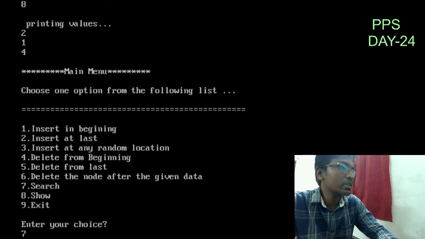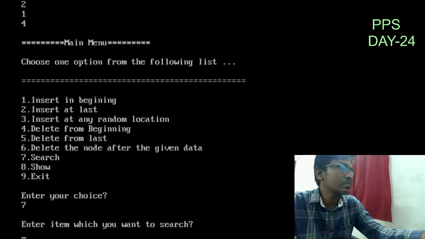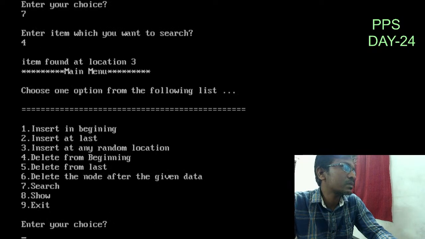Now let us perform searching operation, 7. So enter the item you want to search. How many elements are there? Only 3 elements. The elements are 2 1 4. Now I want to look for 4. Whether the 4 is there in my linked list or not. So see here, the 4 will be found at the last position, that is the third position.